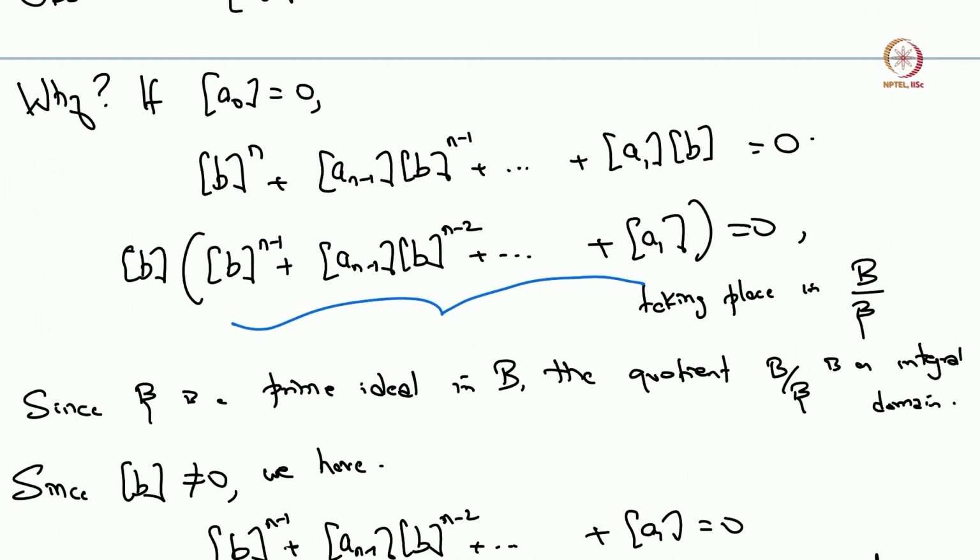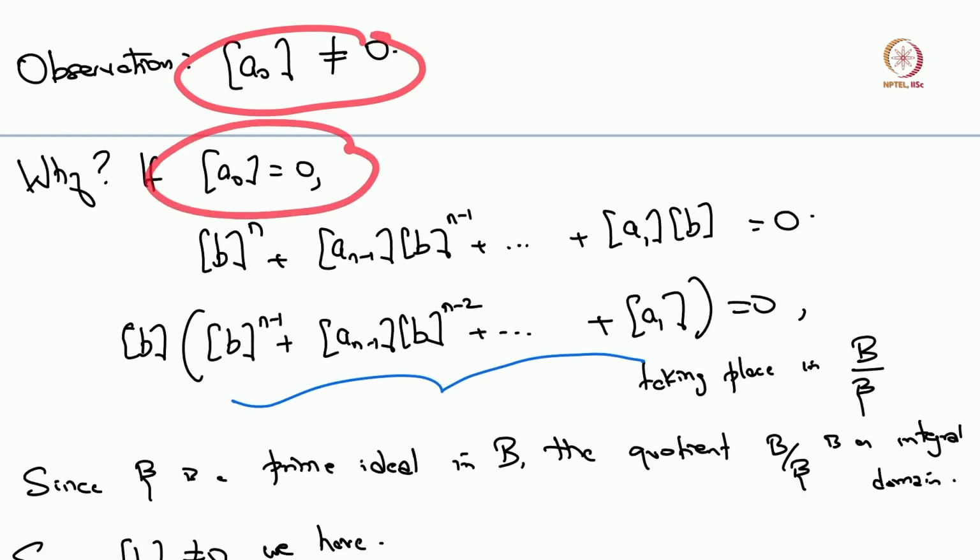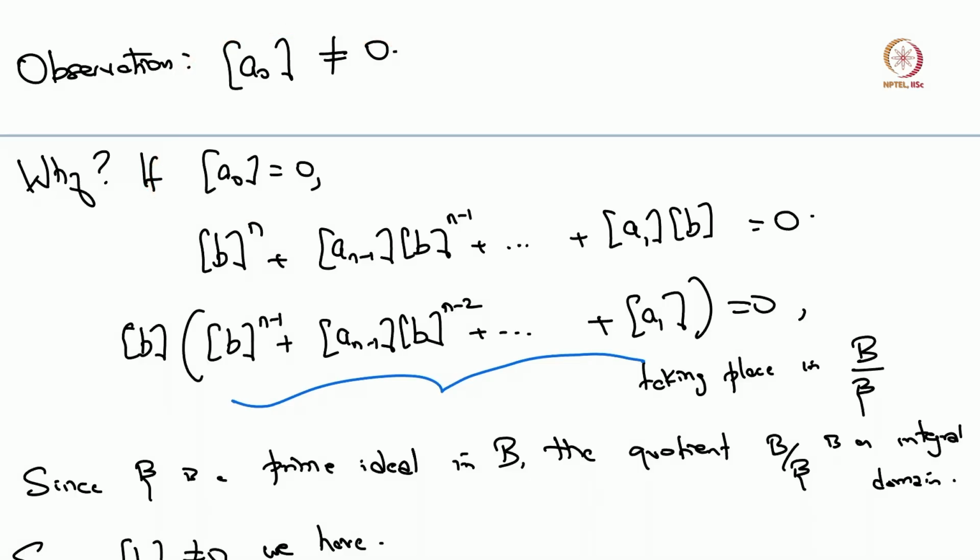Okay, so the only possibility is that our observation is correct, that this constant term is not 0. If the constant term was 0, we would arrive at a contradiction.